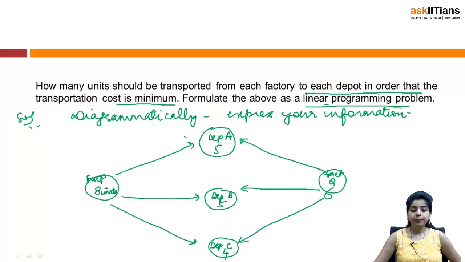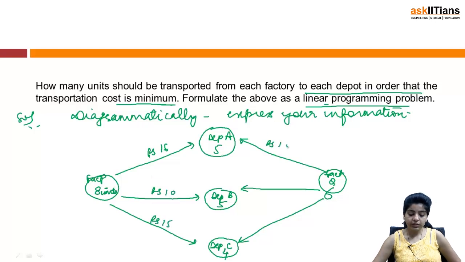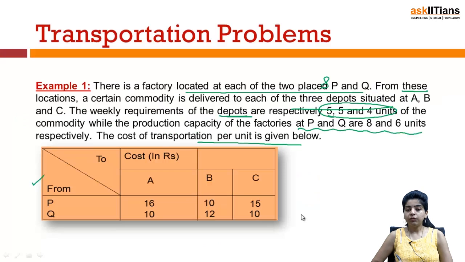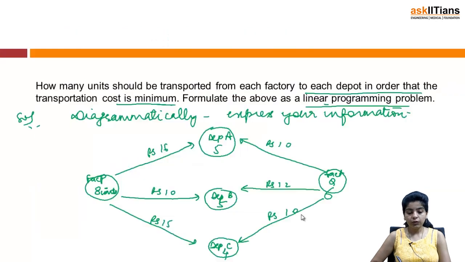So from P the costs are 16, 10, 15, and similarly from Q it's 10, 12 and 10.